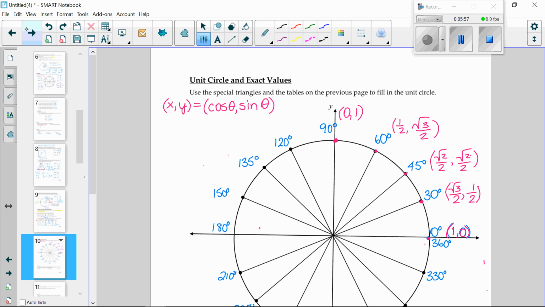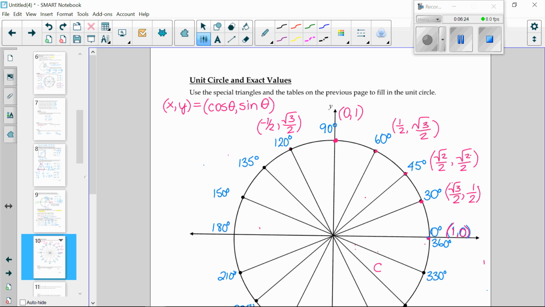So from there, to fill in the unit circle further, all we're doing is reflecting points. So 120 degrees, well, that's a reflection of 60 degrees, right? So it's going to be negative 1 over 2 and root 3 over 2. Now, remember the cast rule?